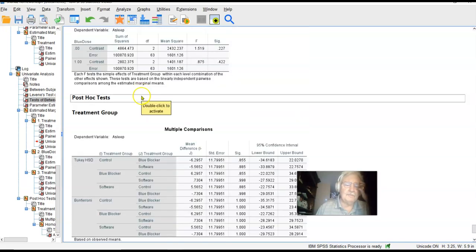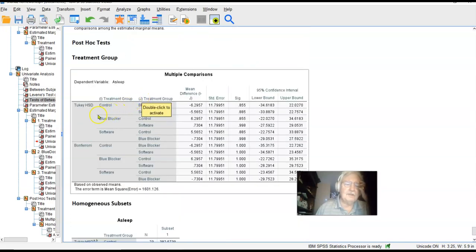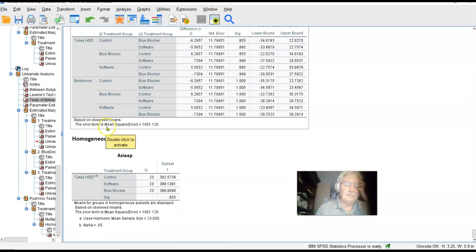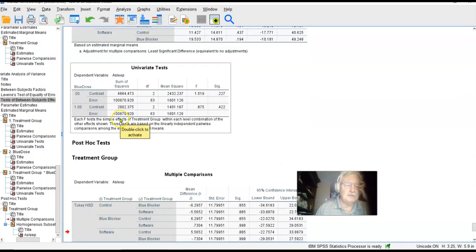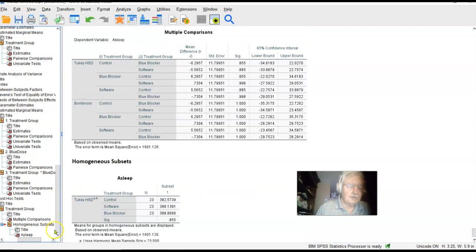Down here we have, where'd it go? Not quite sure why those post-hocs are down there.